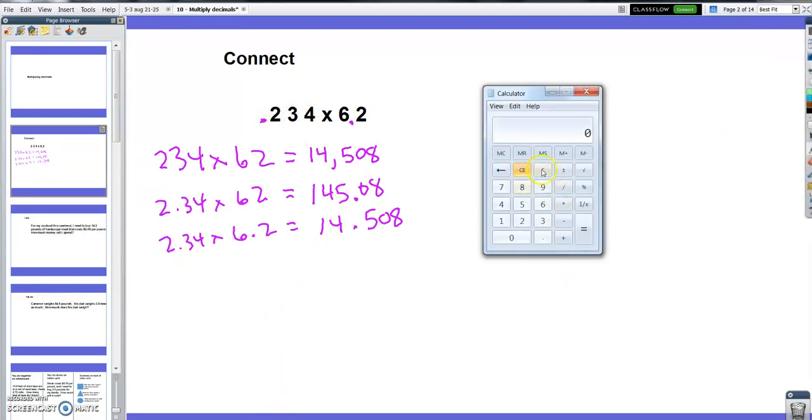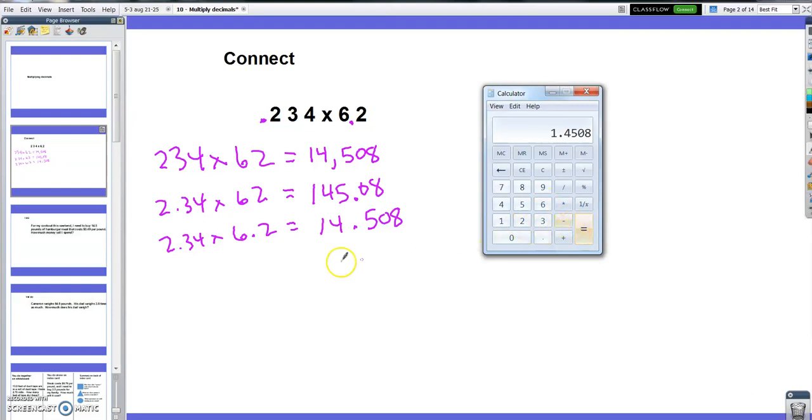Big surprise coming. Oops, that's not it, sorry. It's got to be the same digits.